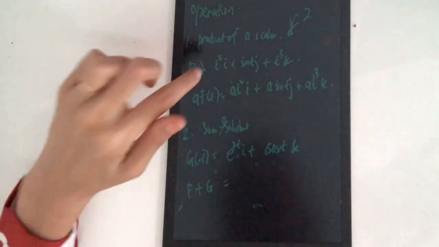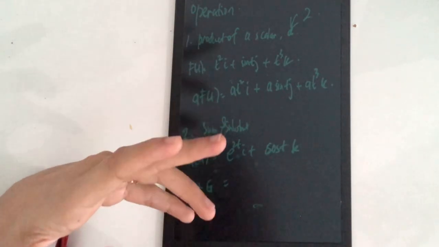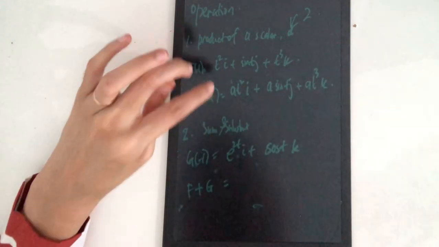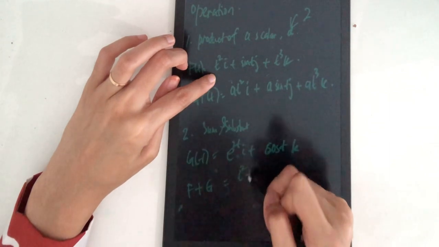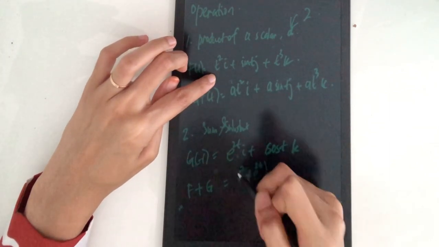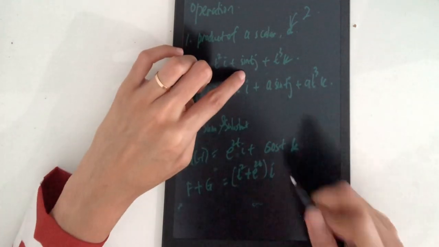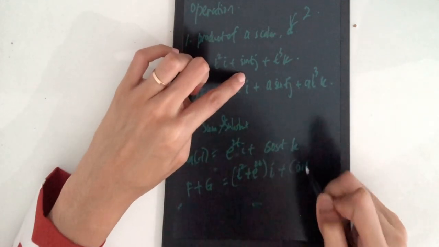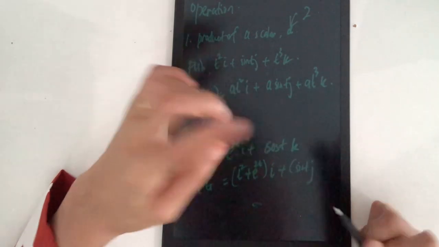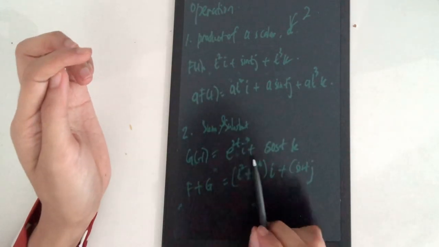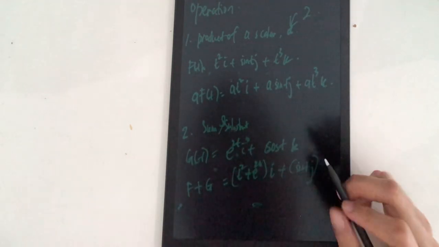What we do is you sum i with i. Here is t squared, so t squared plus e to the t, and the whole thing is i. And then plus sin t j. The other equation doesn't have t here, I wrote e to the t i plus cos t k. It has no j.